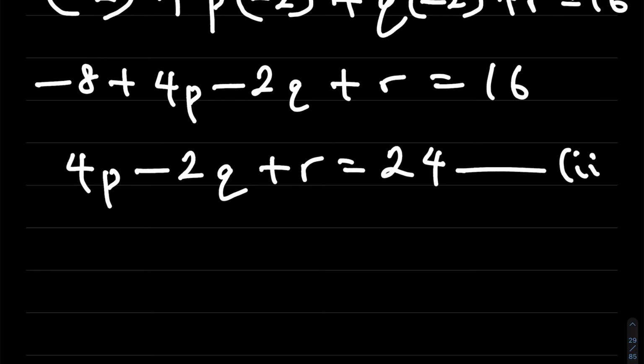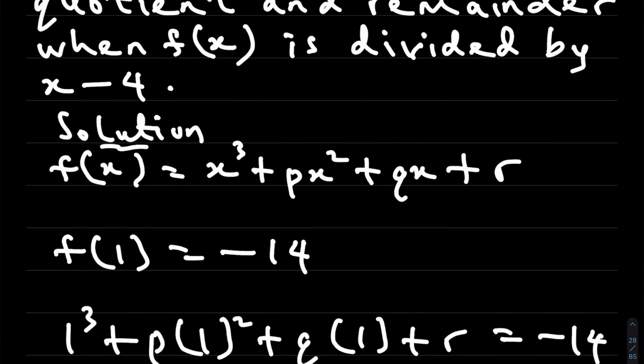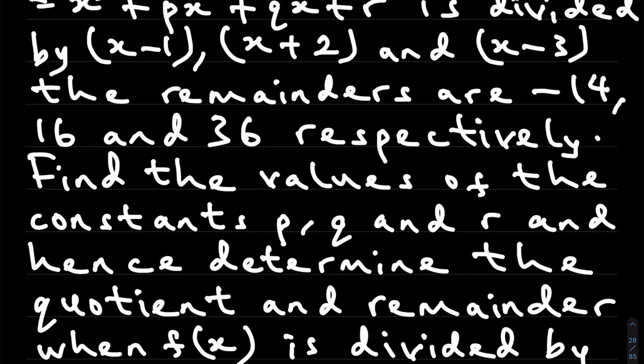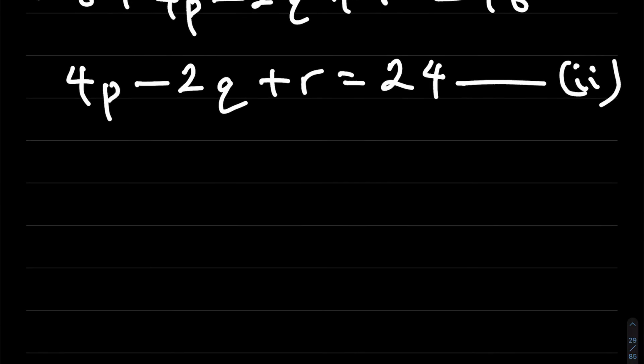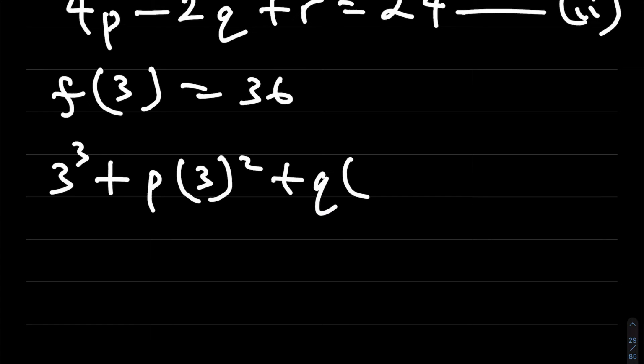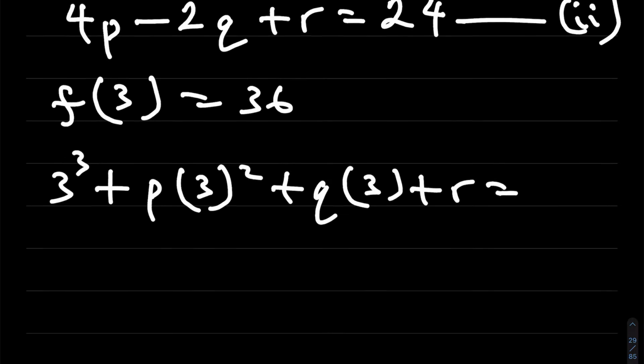That's equation 2. Now, when f of x is divided by x minus 3, the remainder is 36. That simply means f of 3 equals 36, and that means 3 cubed plus p times 3 squared plus q times 3 plus r equals 36.